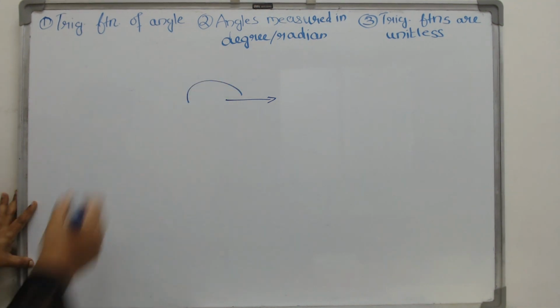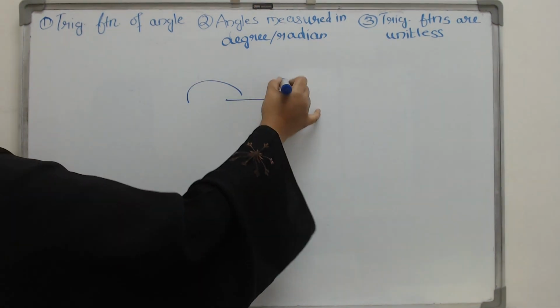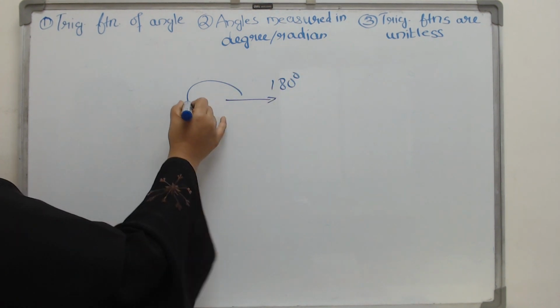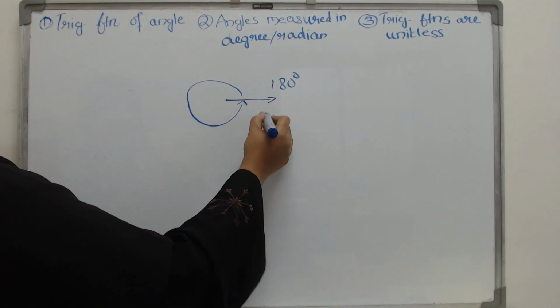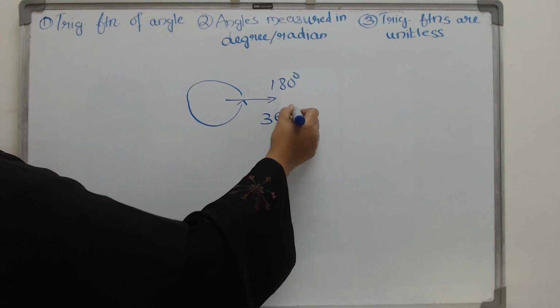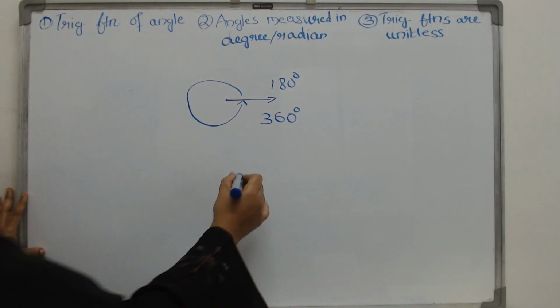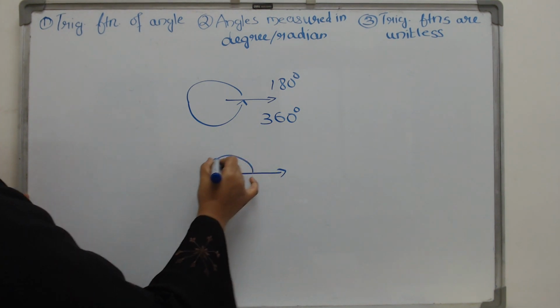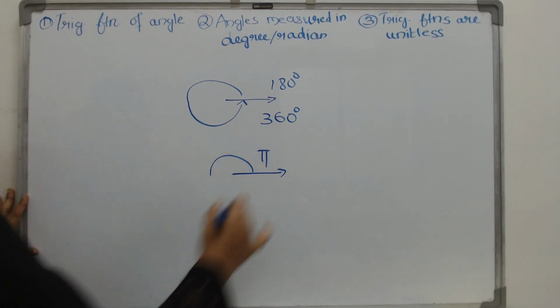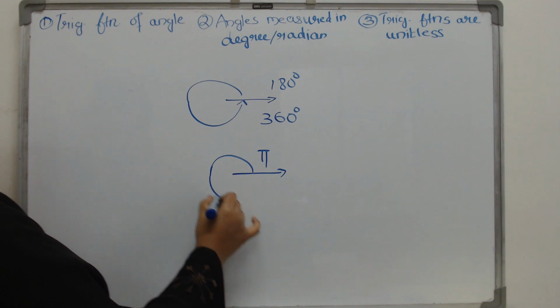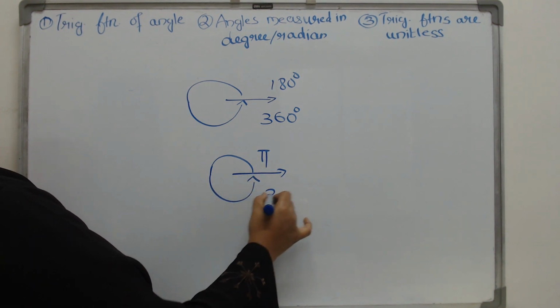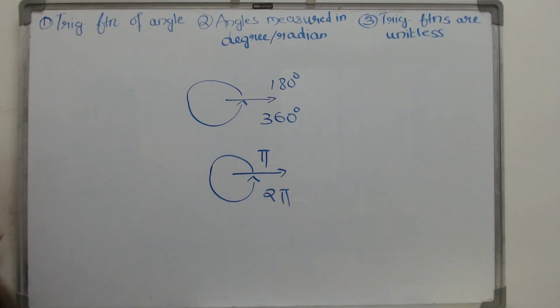This will be half a revolution. It will take me 180 degrees. This will be a complete revolution and this will give me 360 degrees. Now the same thing in radian. Half a revolution will be pi radian. A complete revolution will be what? It will be 2 pi radian.